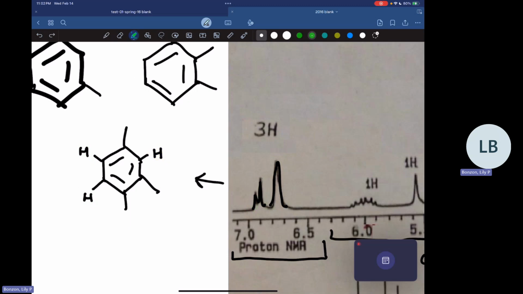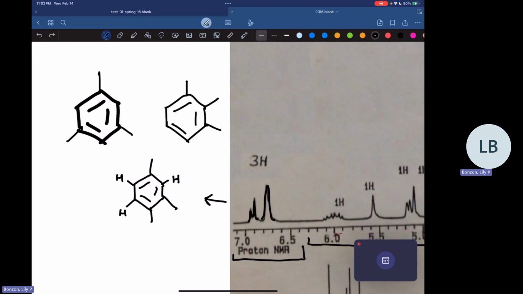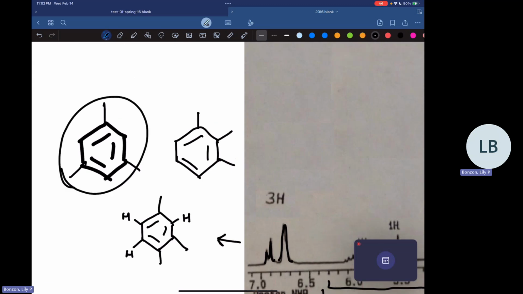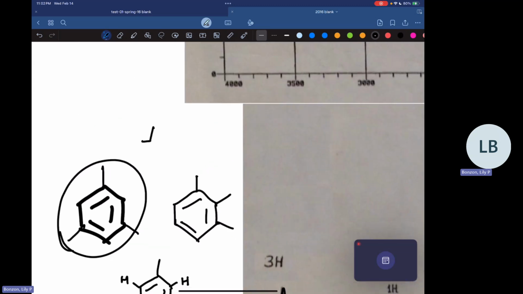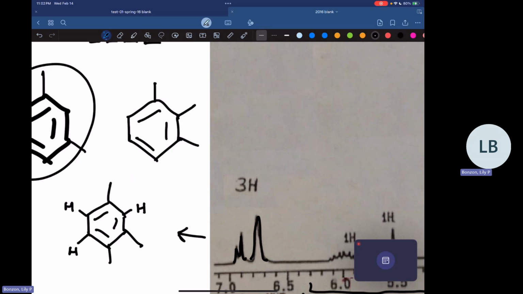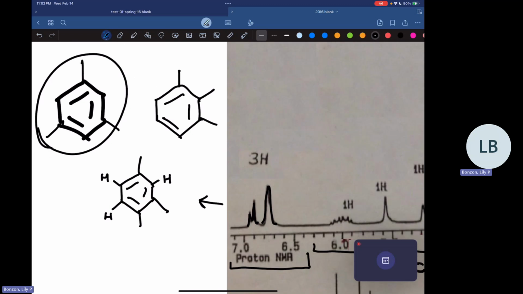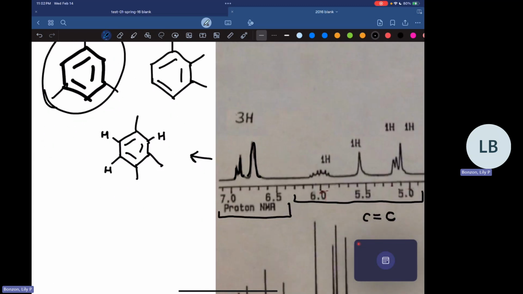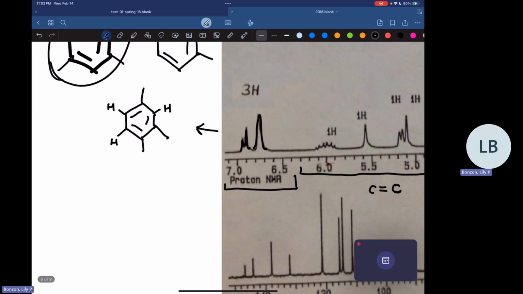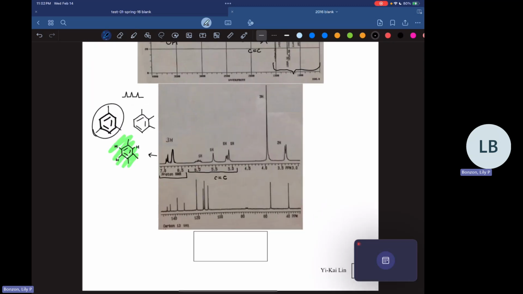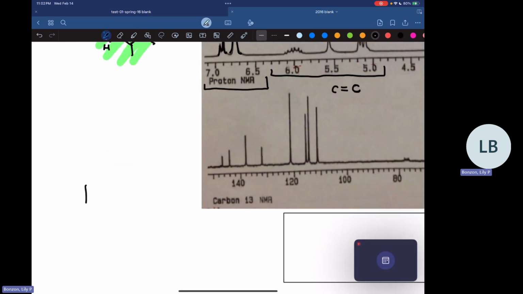Again, these peaks are very asymmetrical. If we had something like this structure here, for example, you might see a more even peak distribution. Whereas here, they're all split up, and all these substituents are going to be affecting them differently, so it's going to be more asymmetrical. So I'm going to go with this asymmetrical benzene that we've got here. I'm just going to put this down here so I can look at my substituents later and add them on as I figure them out.